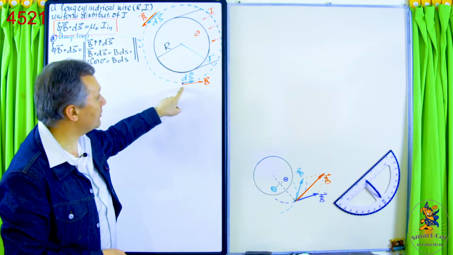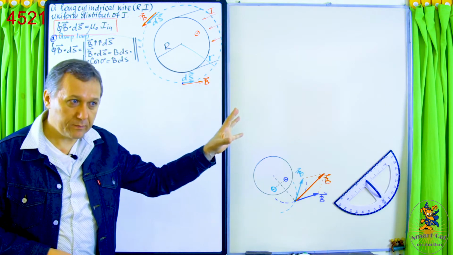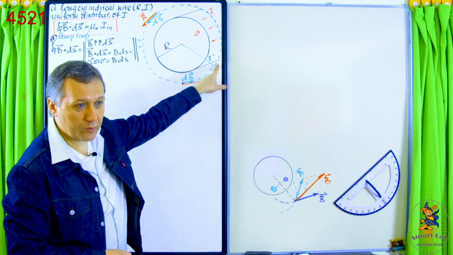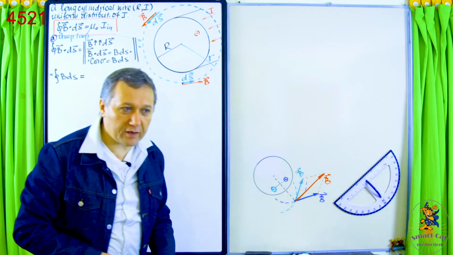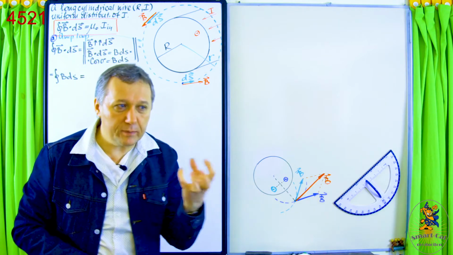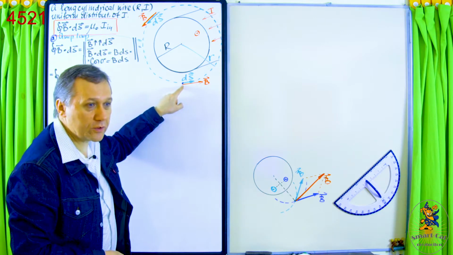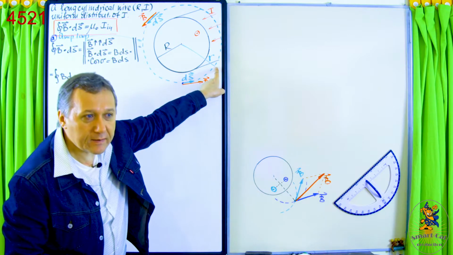So if you look from this point at that current, you will see some picture. Remember that picture? And now move yourself, for example, to this point on the amperian loop. And look, will the distribution of current be the same? Will you be able to tell the difference between the distribution of current which you saw from this point or you see from that point? They will be exactly the same.